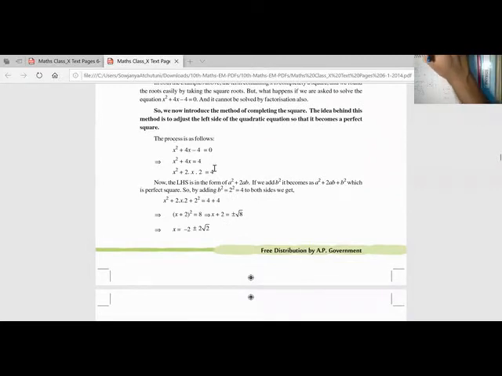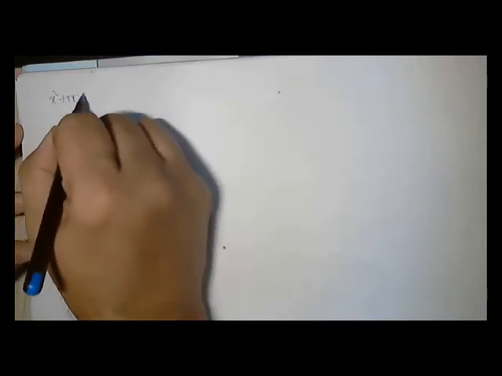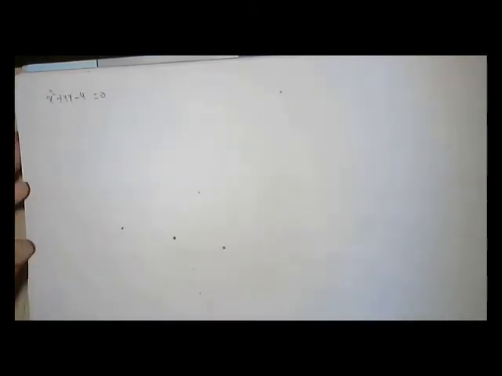x square plus 4x minus 4. Let us see this one. Suppose I want to do the factorization method.